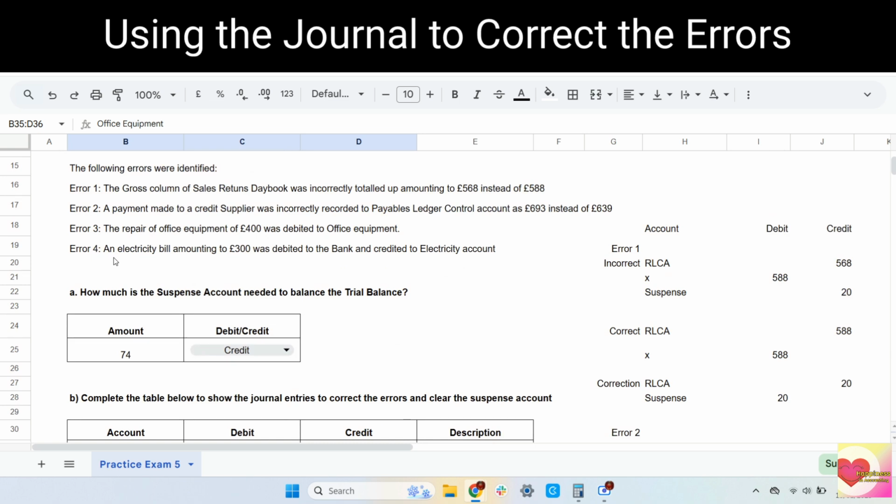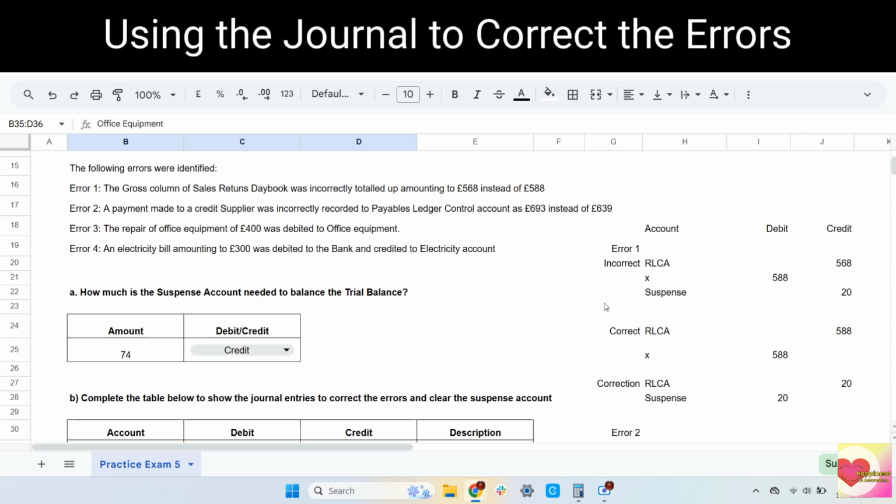An electricity bill amounting to 300 was debited to the bank and credited to the electricity account. The electricity is an expense account and it should be debited to electricity, but it was incorrectly credited. Same as the payment from the bank, which was incorrectly debited, which should be credited.